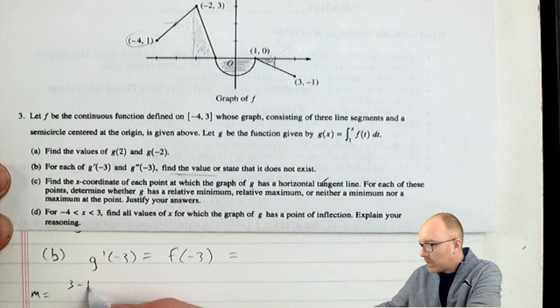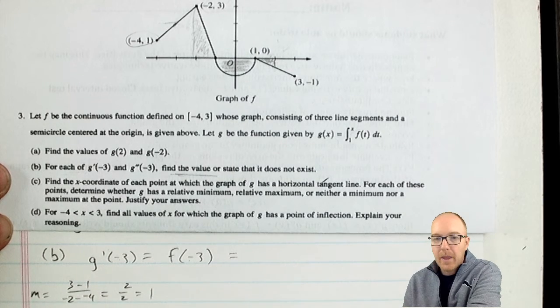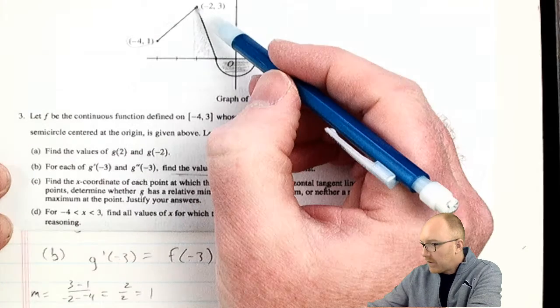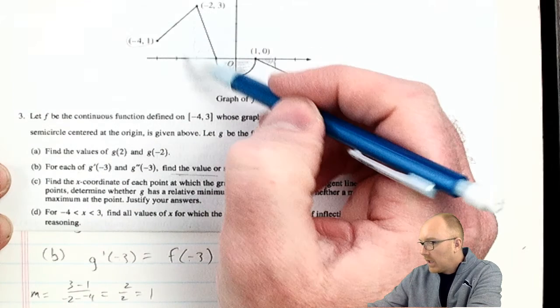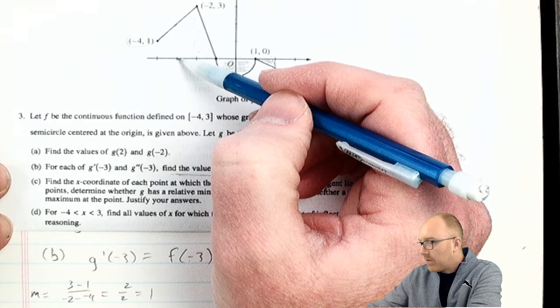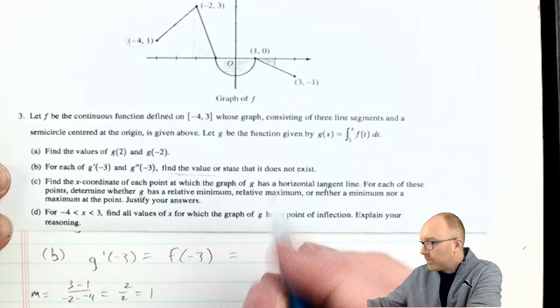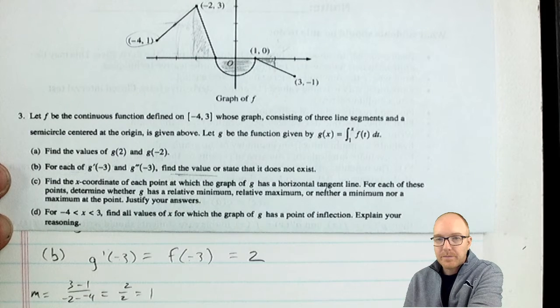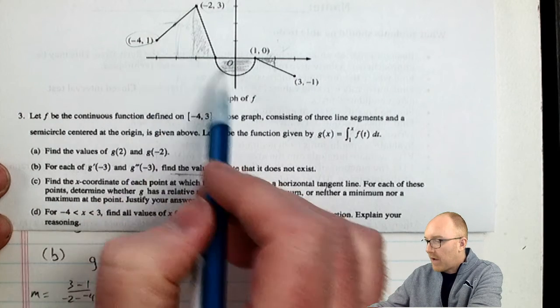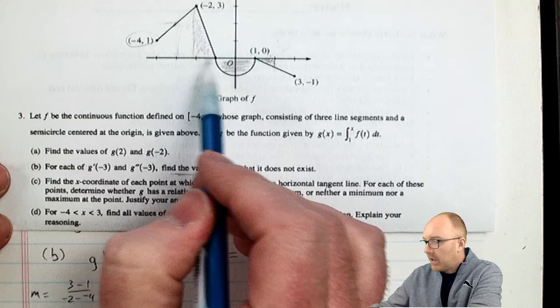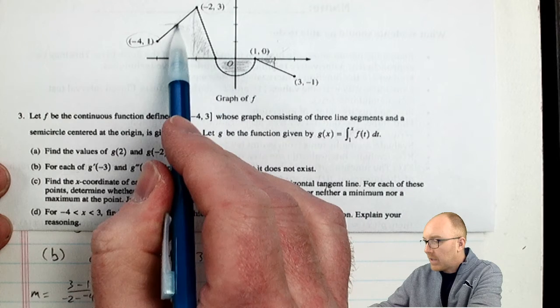So 3 minus 1 over -2 minus -4. And everyone would agree this is 2 over 2, which is 1. So slope there is 1, which means if I go down 1, I'm going to go over 1. And so at -3, my y value is 2. So my derivative of g, which is f, at -3, -1, -2, -3, is a positive 2.